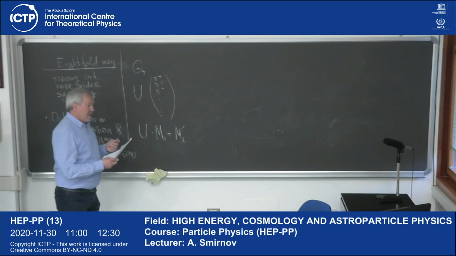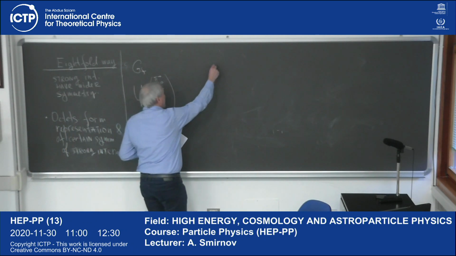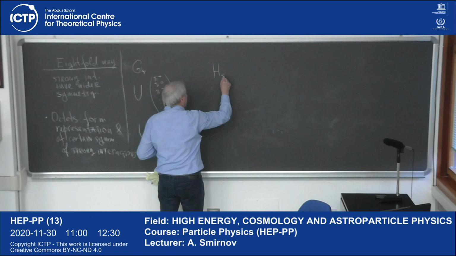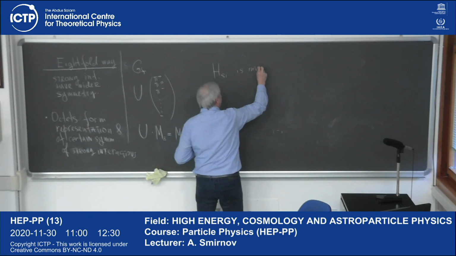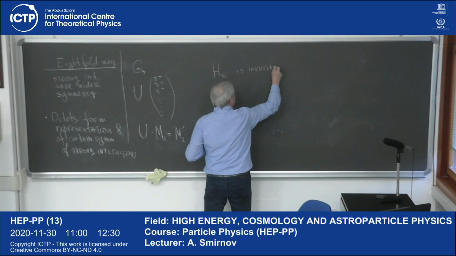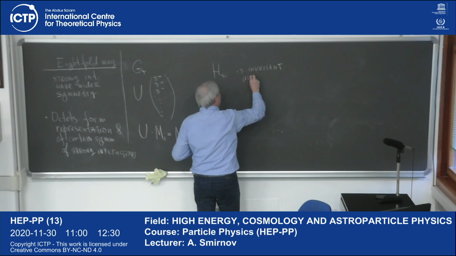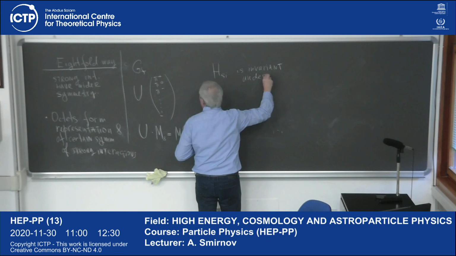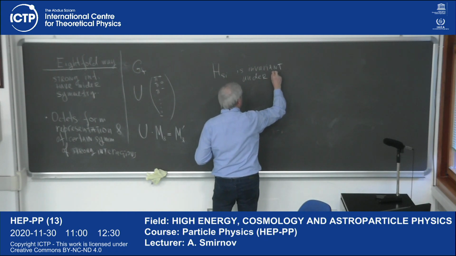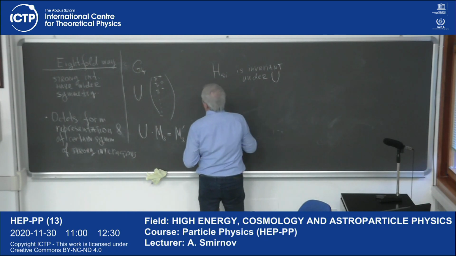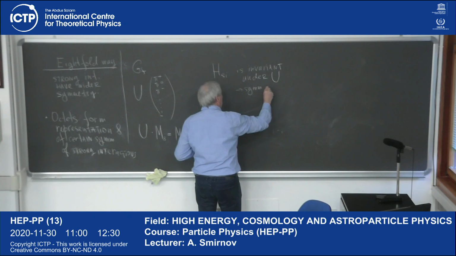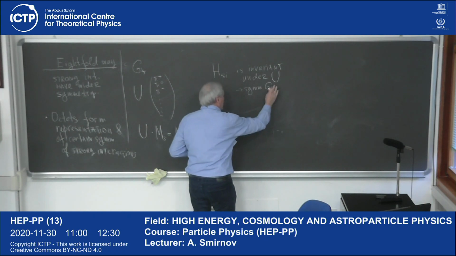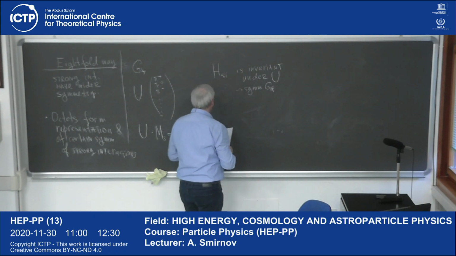And the key point is that Hamiltonian of strong interactions is invariant under this transformation U, or it has the symmetry GF. And the story is we discussed before.